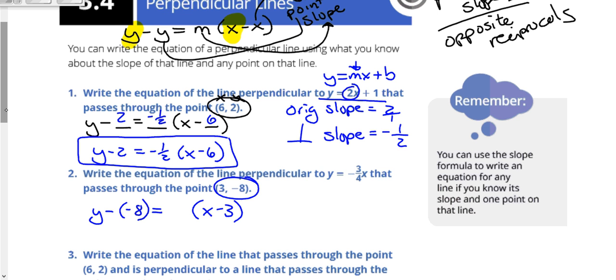Now I've got to deal with my slope. It's the number in front of the x. So my original slope is negative 3/4. My perpendicular slope, if my original is negative, that means my perpendicular is positive. 3/4, I flip it, becomes 4/3.